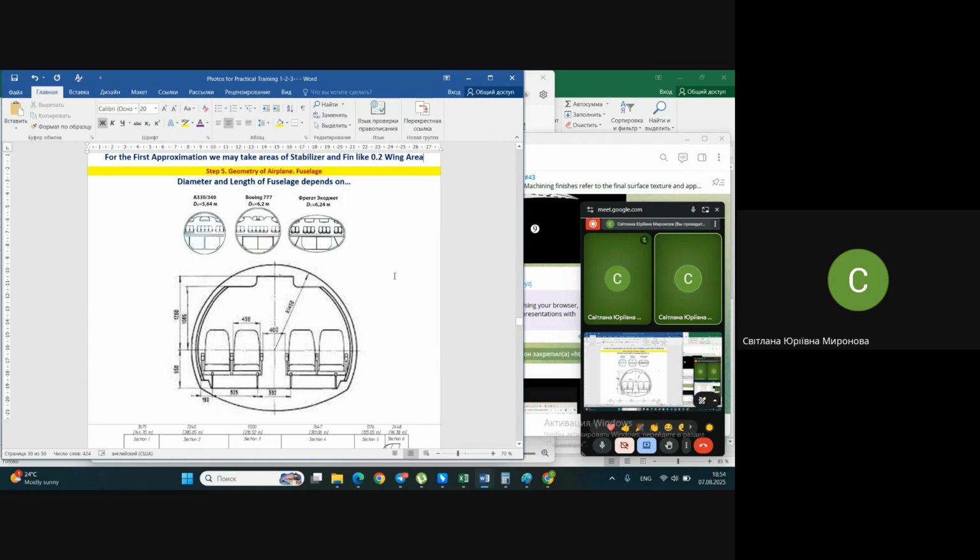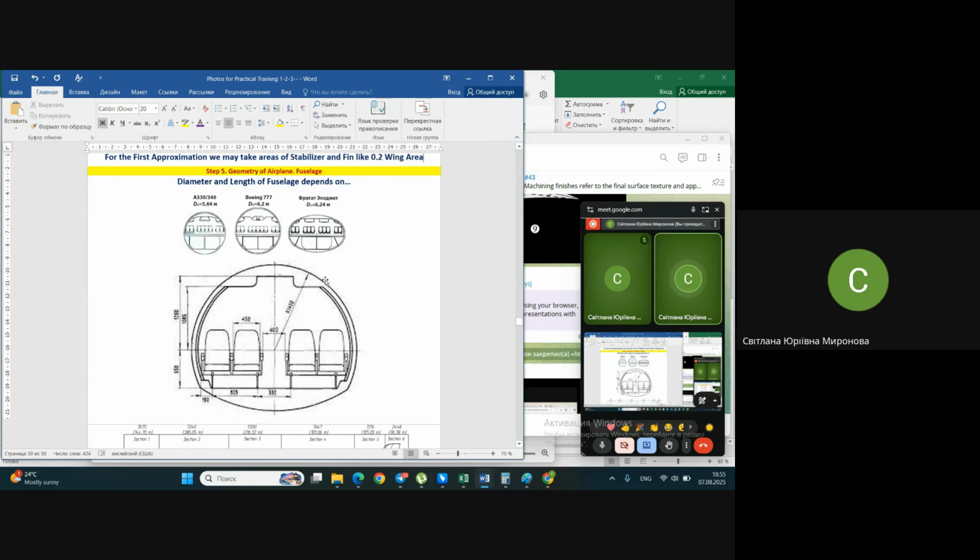It depends not on the weight of payload in this case, but on the overall sizes of the cargo you are going to take inside, whether it will be just some pallets with cargo, or some vehicles like military vehicles, for instance, or you design this airplane for transporting other airplanes or their pieces, and so on, depending on the purpose of this cargo airplane and on what type of cargo it should transport.